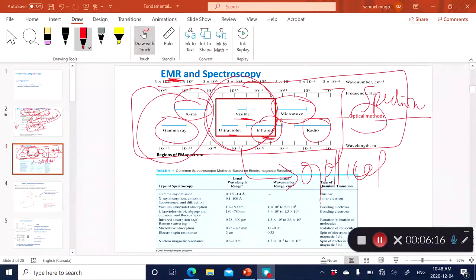If you're dealing with UV radiation, the UV radiation is going to excite, or influence, the behavior of the outermost electrons, which are called the bonding electrons. Often it's going to excite them to a higher energy level, and so on. And so all of these types of light result in different types of spectroscopies, as I have mentioned.